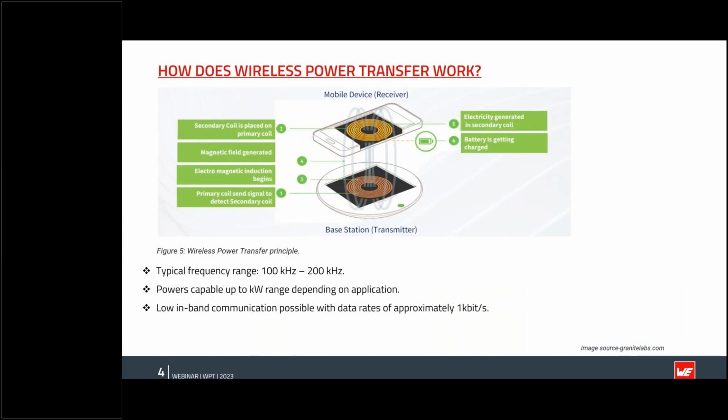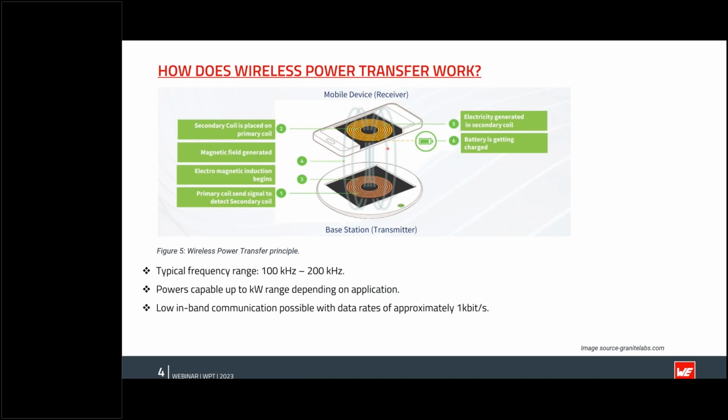As you can see in the image here, there is a base station or the transmitter at the bottom, and then your mobile device or your receiver is placed exactly on top of the transmitter, and your phone or your end application begins to charge. So how does this exactly work? The base station or the transmitter is connected to the power source, and you have an alternating current which is generated in the coil due to an oscillator in the circuitry from the power source.